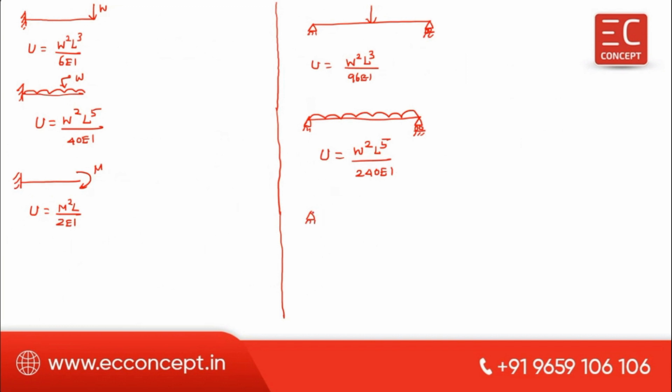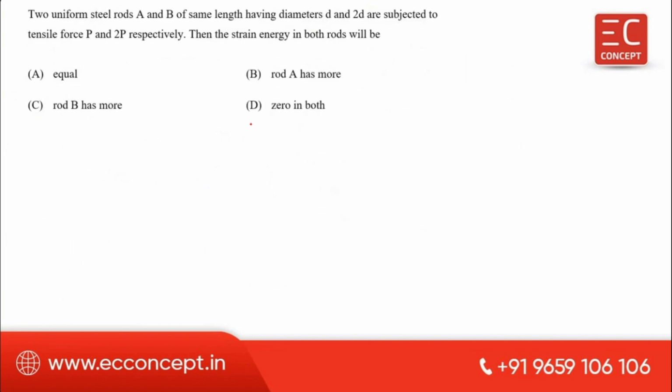A simply supported beam with couples acting, one anti-clockwise and the other anti-clockwise, M: U is equal to M squared L divided by 2 EI. In some examinations, these formulas are asked directly. Okay, next one.